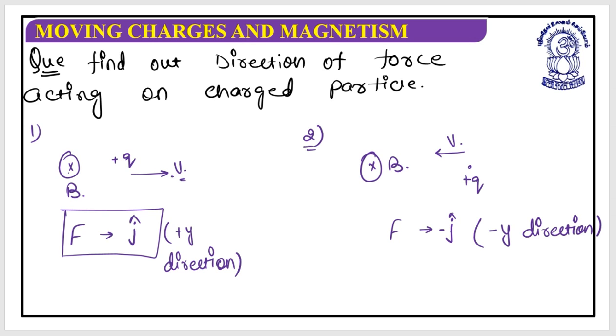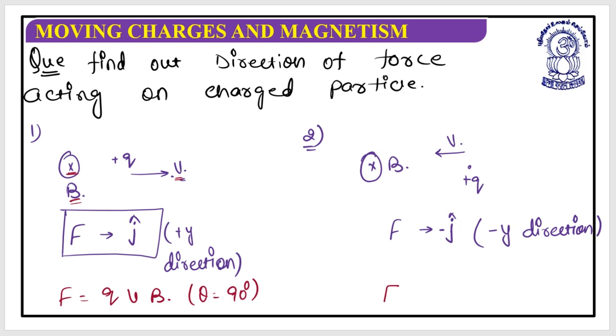If I have been asked the magnitude of force, then it would be Q into V into B, because here theta is equal to 90 degrees. How could I get it? This is B, that means minus k cap, because it is inside the plane, and this is V, it is in positive i, and minus k and positive i are perpendicular to each other, so theta is 90 degrees, and I can write F is equal to QVB.